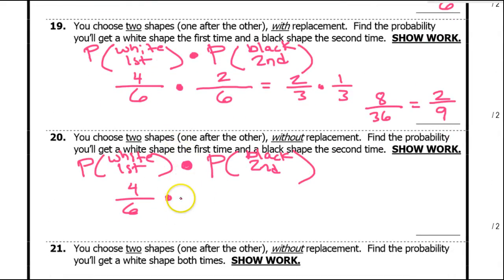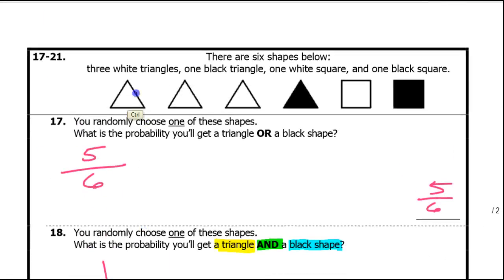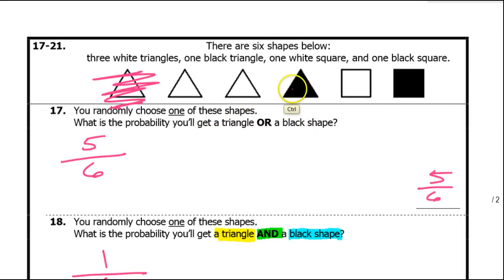All right, but things change because we pulled a white one and we did not put it back. So let's imagine that this white one is gone now. So now it's time to try for the black one. There are 2 black objects, but now the total is only 5.